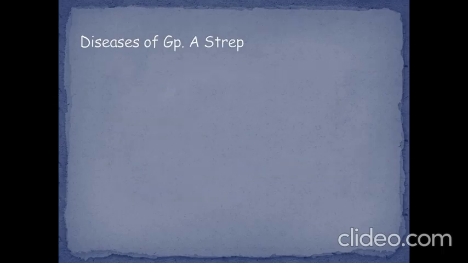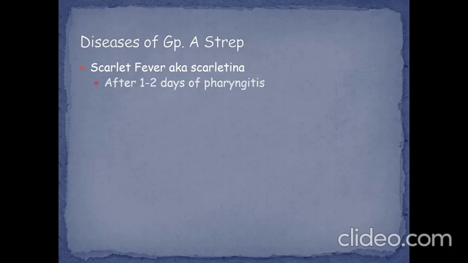The first of the sequelae that we're going to talk about is scarlet fever, aka scarlatina. This will appear after 1 to 2 days of the pharyngitis. Now this is Streptococcus pyogenes releasing those pyrogenic exotoxins.